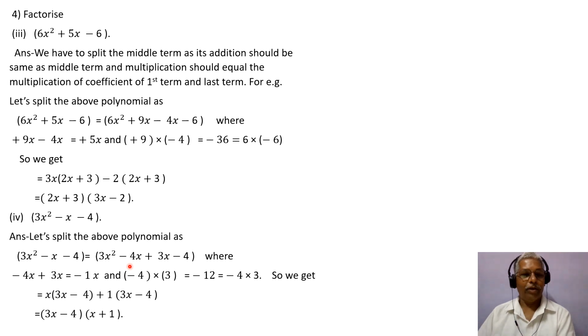Okay, where minus 4x plus 3x is minus 1x, and minus 4 into 3 is minus 12, which is 3 into minus 4. Okay, so if you take x common, you get 3x minus 4, and in this, if you take 1 common, then 3x minus 4, and 3x minus 4 taken common in both these, we are left with x plus 1. So these are the factors. It's very, very simple. Okay, try some problems.